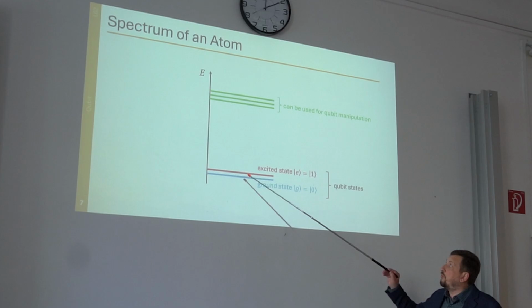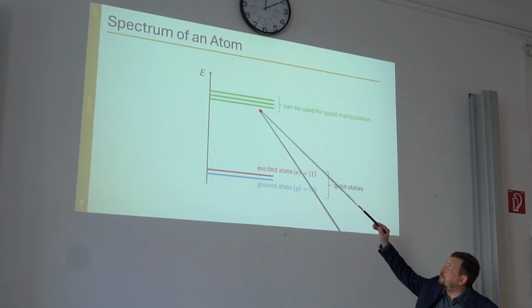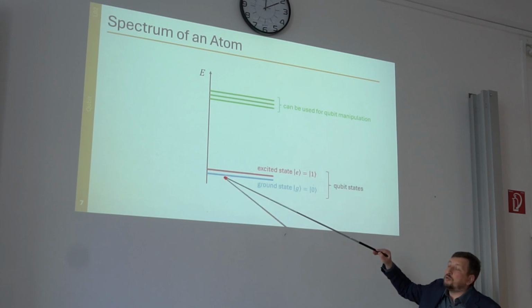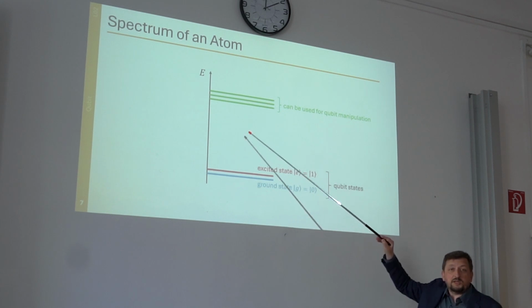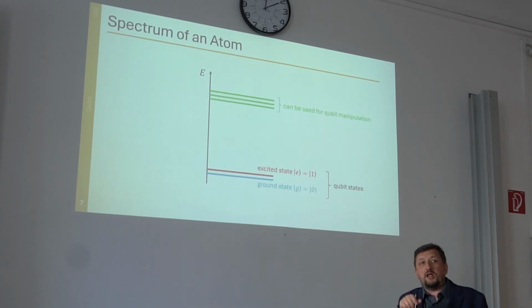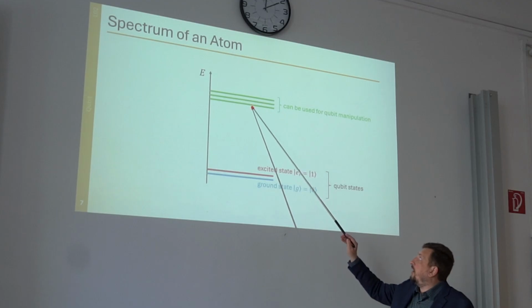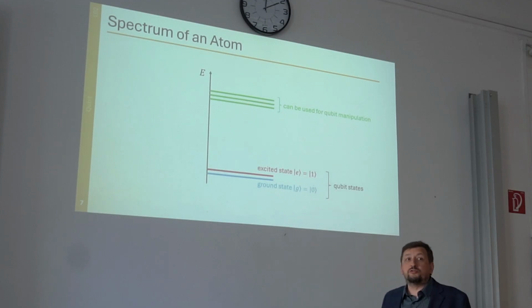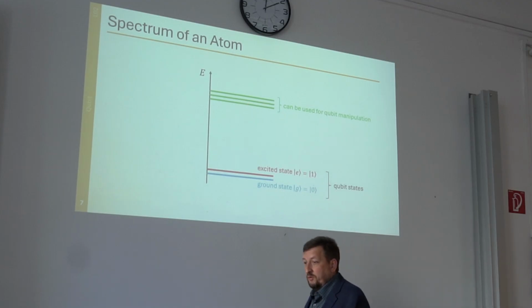Then how can we move the atom from one state to another? Well, we can excite the atom there and then induce a transition to another level. So that's possible. These higher levels are useful because they allow us to manipulate the qubit. We can also use these higher energy levels to read the state of the qubit and so on.